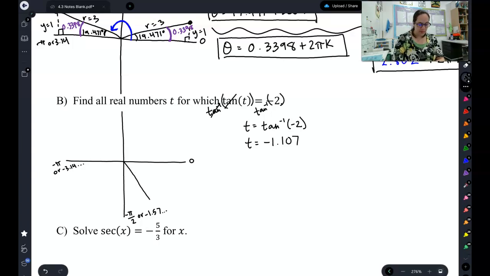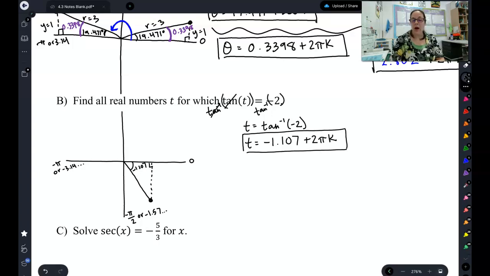It's going to be about right there-ish. So there's my triangle. I'm going to add 2 pi k so that I get all my answers. And that's the answer my calculator gives me.